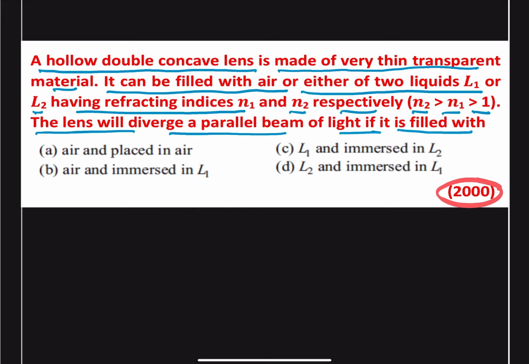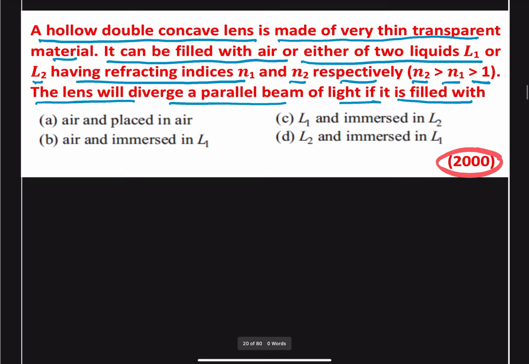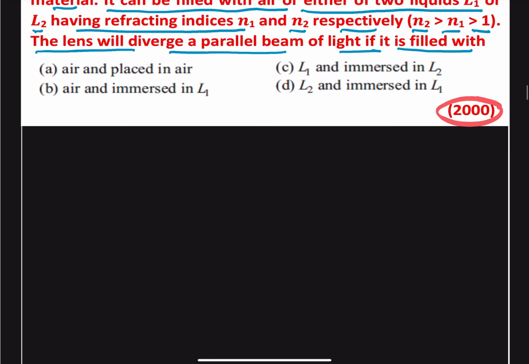So we have a divergent, okay, so we have a hollow double concave lens. Let us draw a double concave lens, and there are two possibilities.